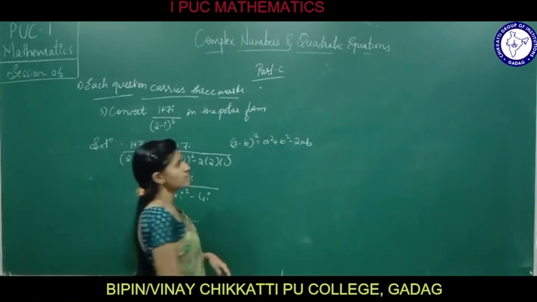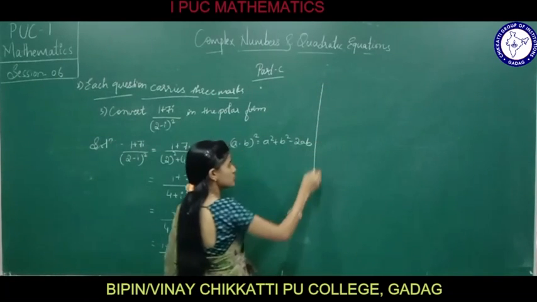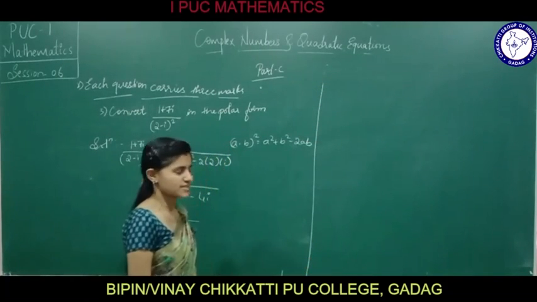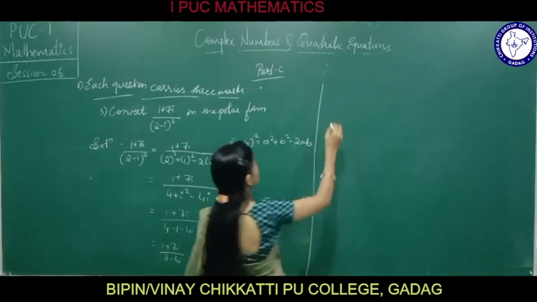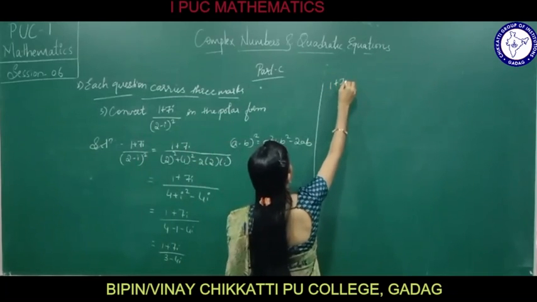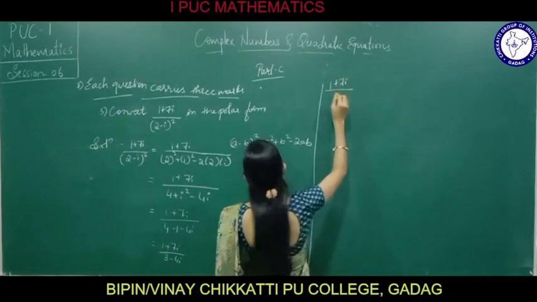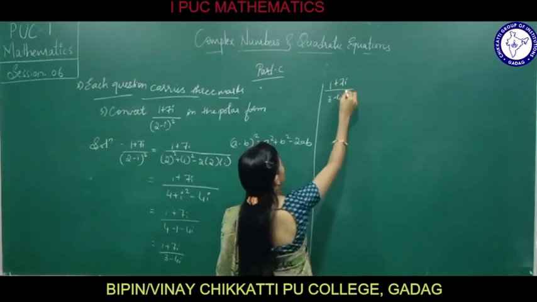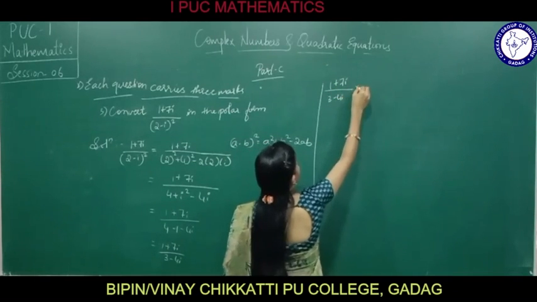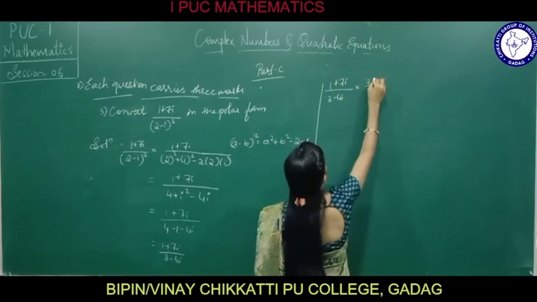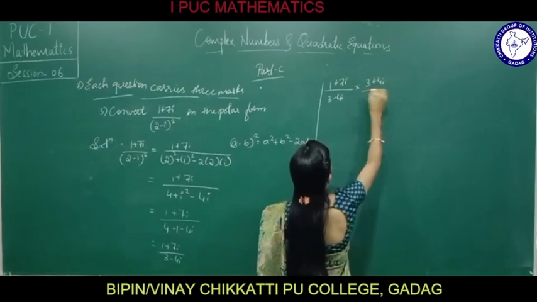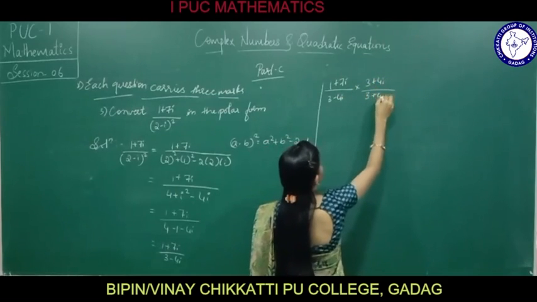Now again what we are going to do? We are going to rationalize the denominator, right? That is 1 plus 7i divided by 3 minus 4i into 3 plus 4i divided by 3 plus 4i.